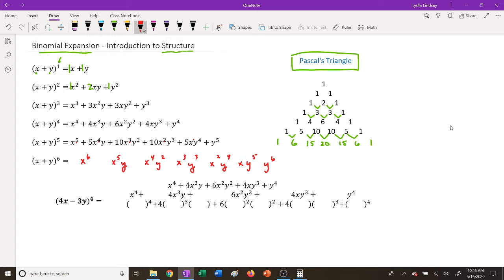So those are my actual variables, and then I'm just going to plug these numbers in front. So I have 1, this is just plus, so plus 6, plus 15, plus 20, starting to give myself room here, plus 15, plus 6, plus 1. And it's so much quicker than actually timesing these pairs each time to get to it.